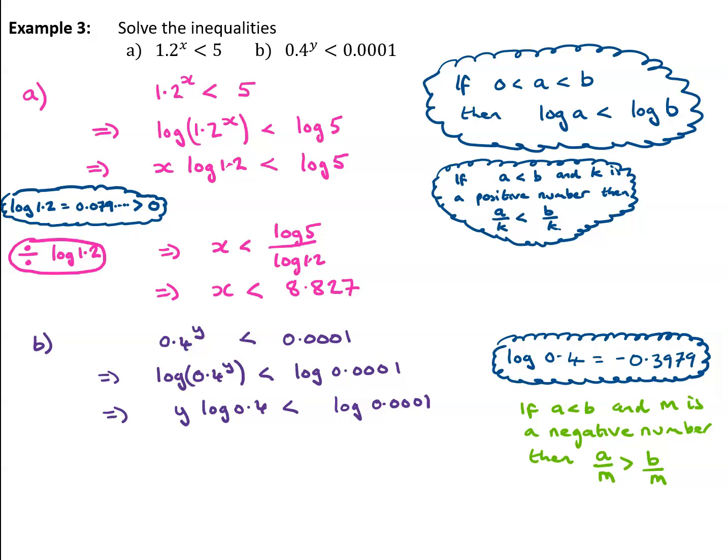In other words, if I divide through by a negative number, then the inequality reverses direction. So dividing through by log of 0.4, which is a negative number, is going to give me y is bigger than the logarithm of 0.0001 divided by logarithm of 0.4. In other words, y is bigger than 10.05.